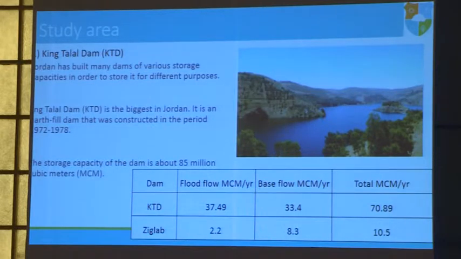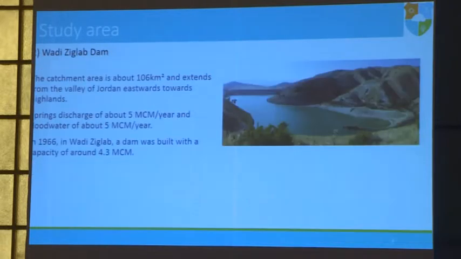It has about 8.3 million cubic meters per year as base flow, and 2.2 million cubic meters per year as flood flow. Ziqlab Dam has a catchment area of about 106 square kilometers. It extends from the highlands in the west of Jordan to the Jordan Valley, and could store about 5 million cubic meters per year.